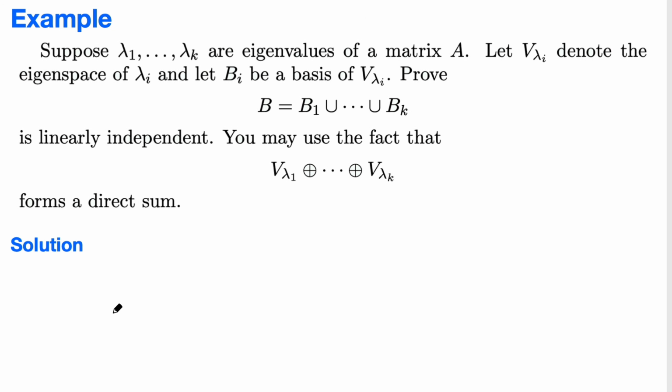Okay, so in order to proceed, we need some notation. So let's say B1 is comprised of some vectors. Say v1, v2, up to some point, right? We don't know the dimension. Up to, say, v_k1, and up here, let's put an upper index of 1.